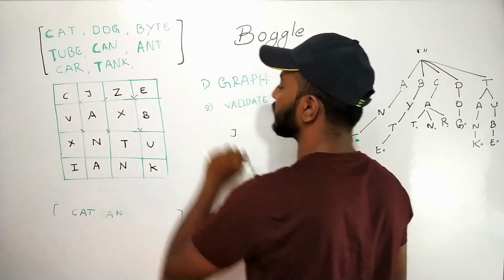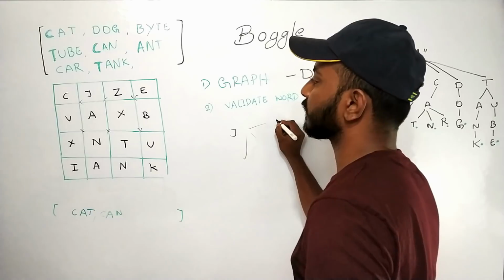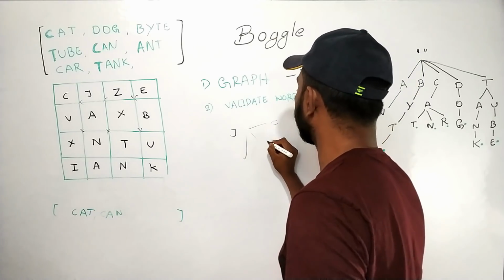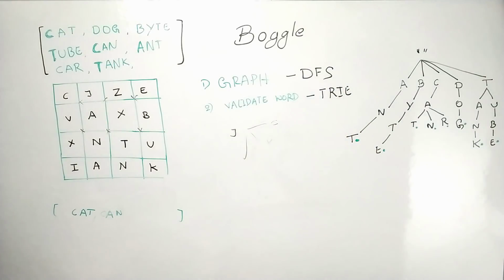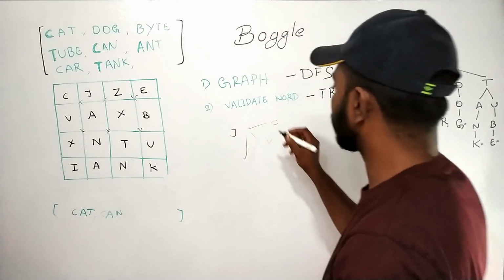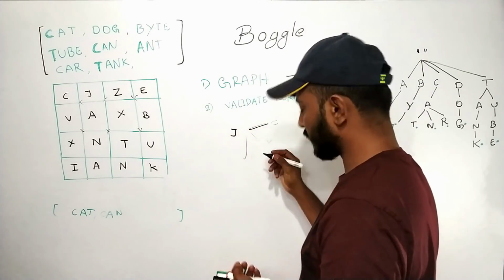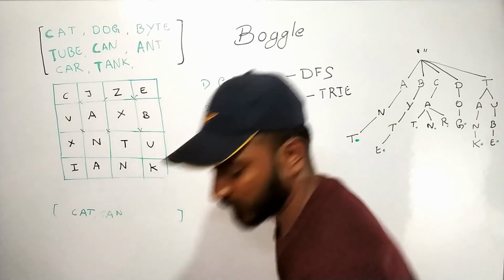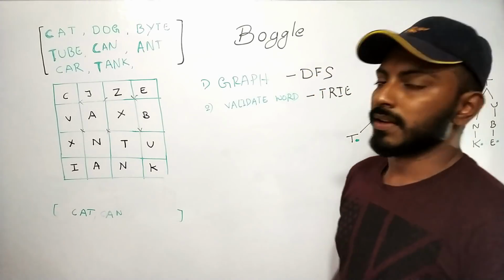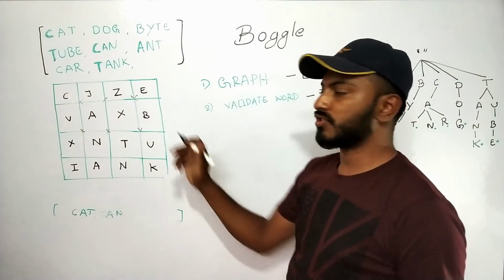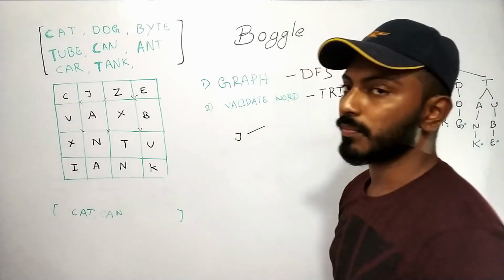C, V, A, X and Z. From J, we can go to C. Now let's traverse from the next cell, that is J. What are the possible neighbors over here?